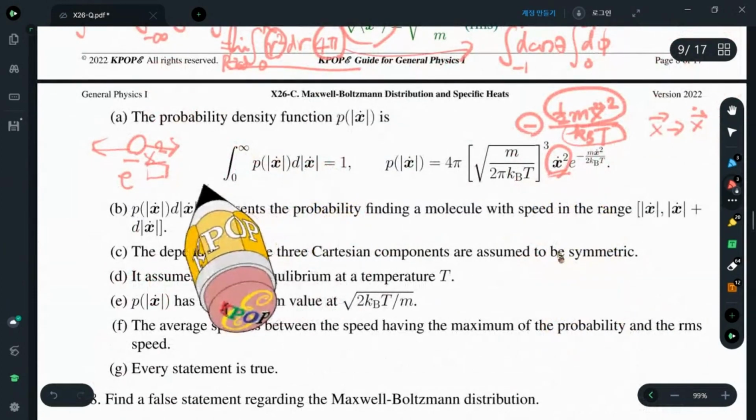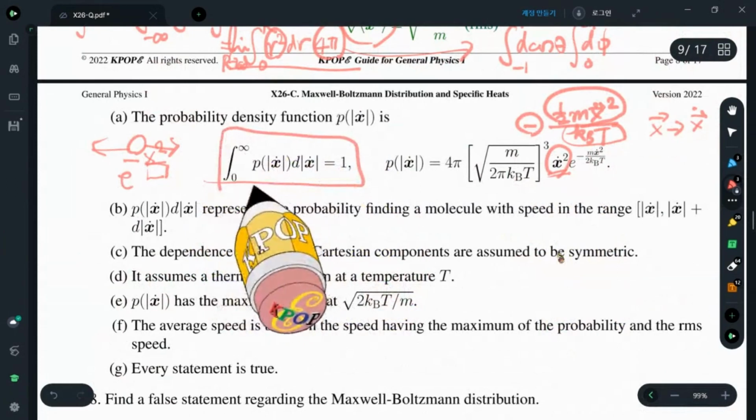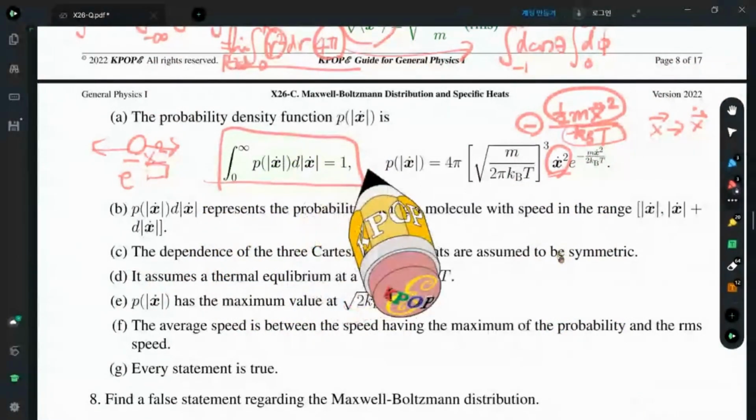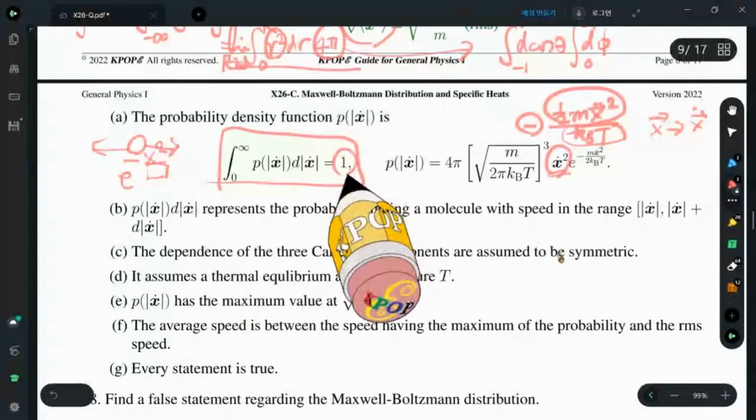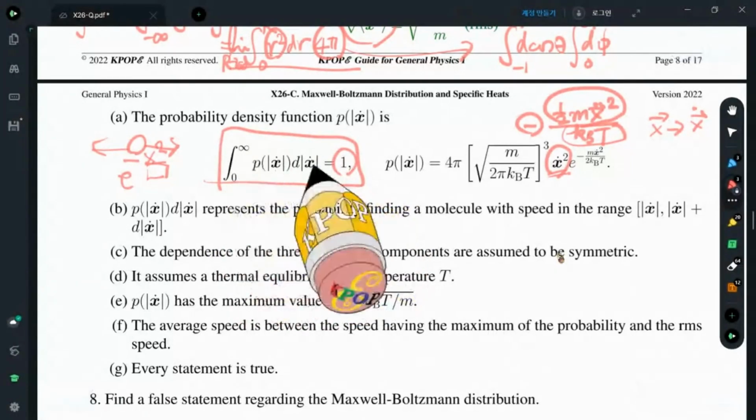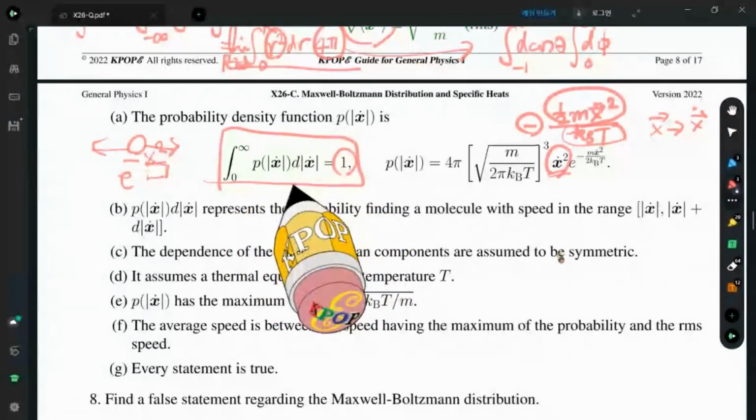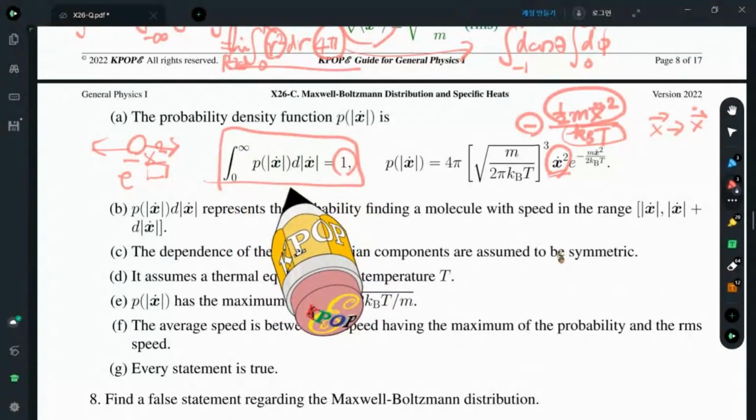Anyway, this distribution integrated over the whole speed of the molecule should be normalized to 1 because it is a well-normalized probability distribution function.